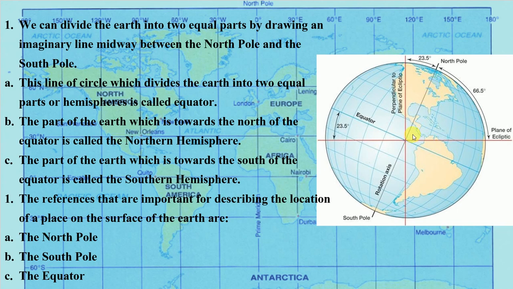Thus the north pole is at 90 degrees north and the south pole is at 90 degrees south.